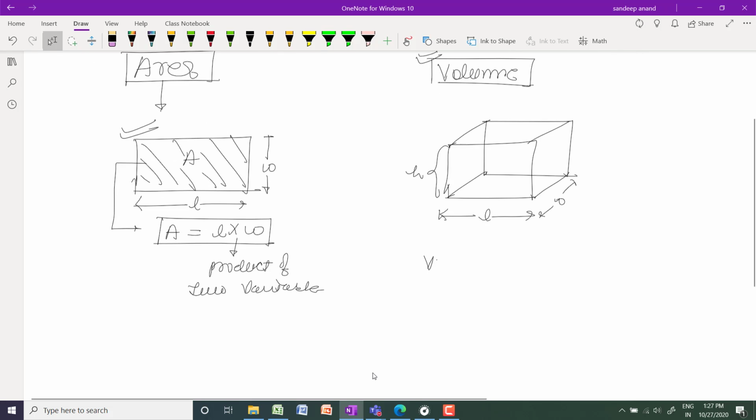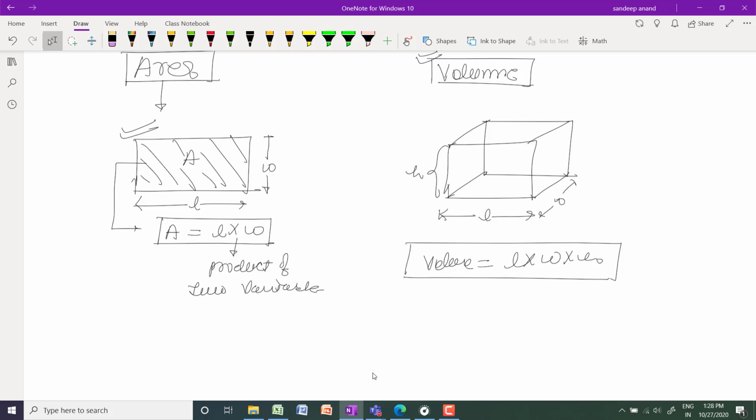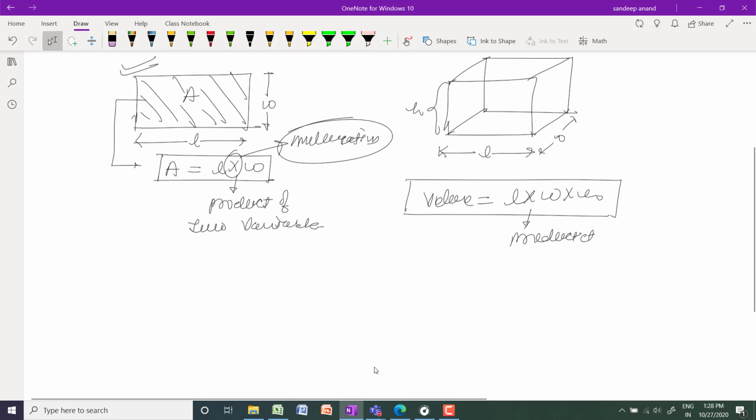So what is the volume? Volume of this cuboid is length into width into height. This is how we can calculate the volume of a cuboid. Now this is the product, and product means multiplication, the multiplication value. Here it is the product of three variables.